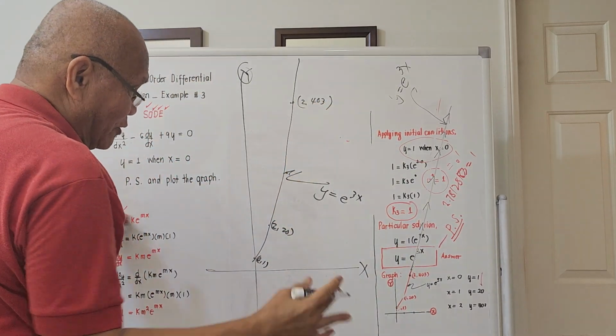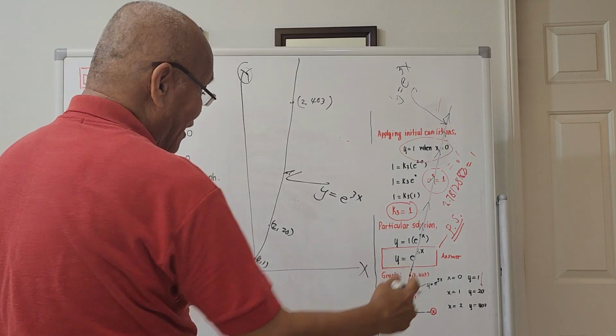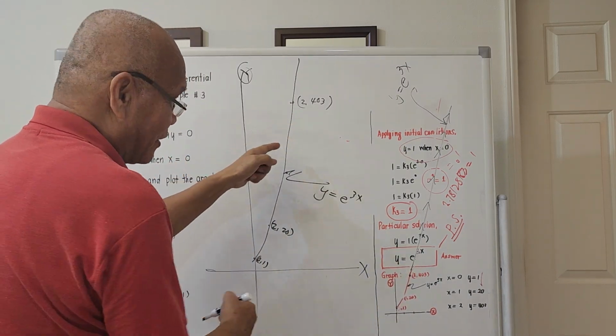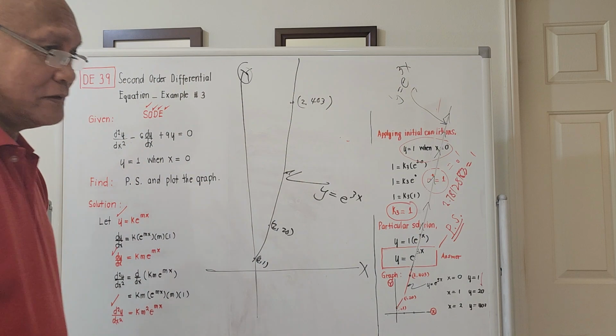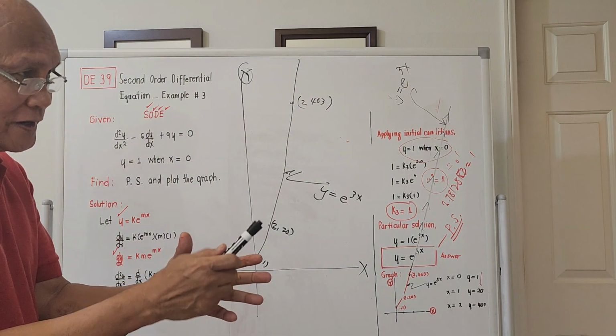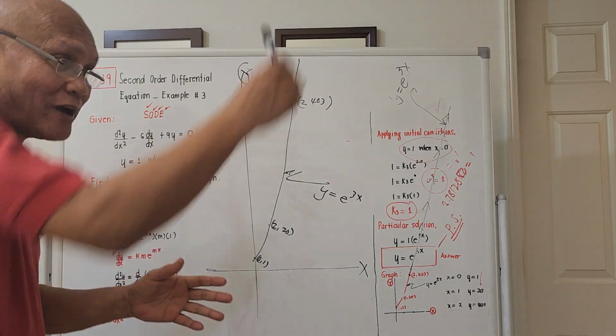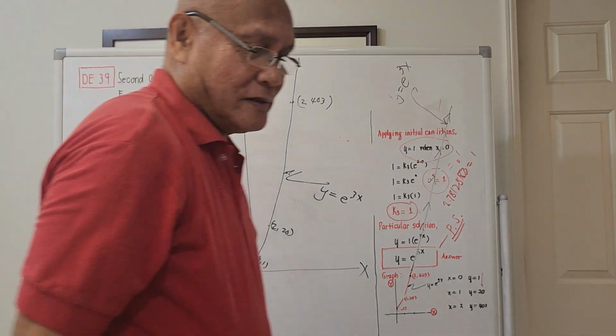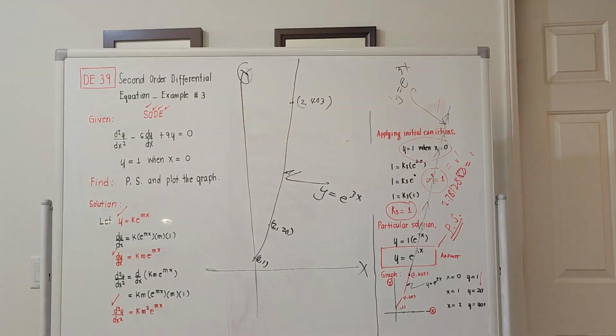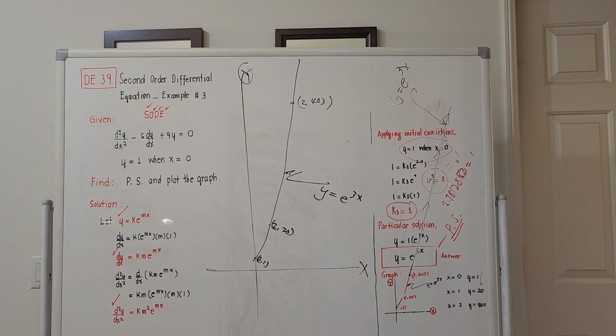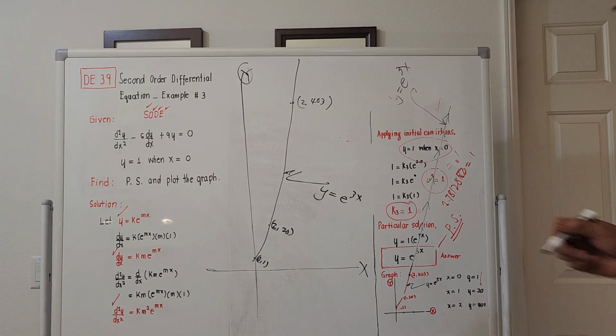So if you try to notice it, as you increase x going to the right, the rise is actually very steep. It looks like a missile going up. That's it, guys.